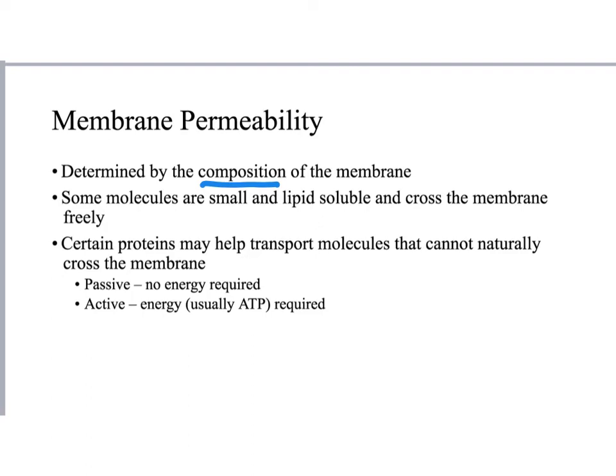So those that are small and lipid soluble, we already mentioned, cross the membrane freely. And then there are certain transport molecules. We saw on that picture previously of the plasma membrane those blue proteins embedded in the plasma membrane. Those are carrier proteins or channels, and they will allow certain molecules to pass into the cell through them.